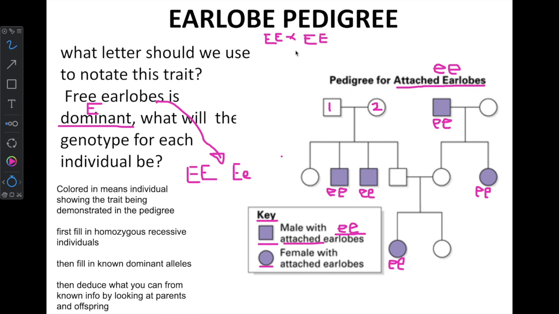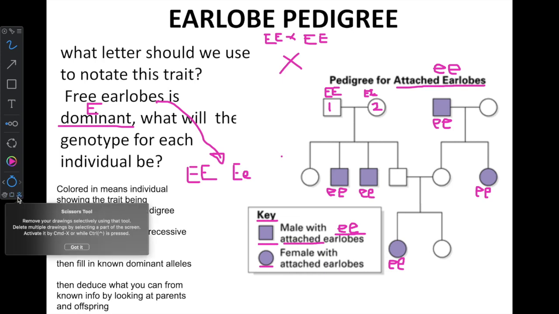They could both be capital E, capital E, but there's no way that can create any recessive children because there's no lowercase e anywhere in there, so that can't be possible. So we know it cannot be capital E. We're going to put that in.